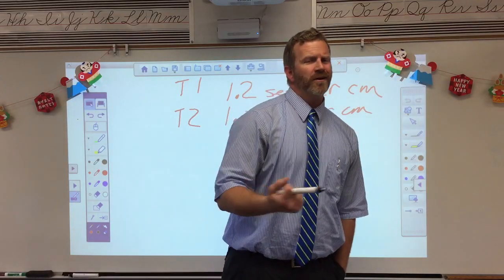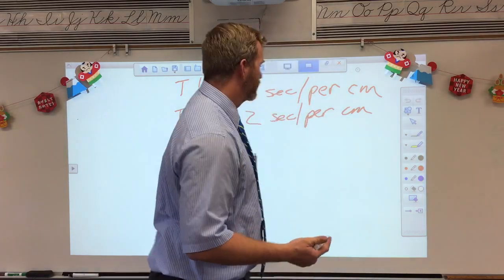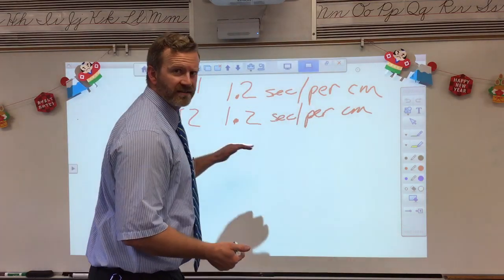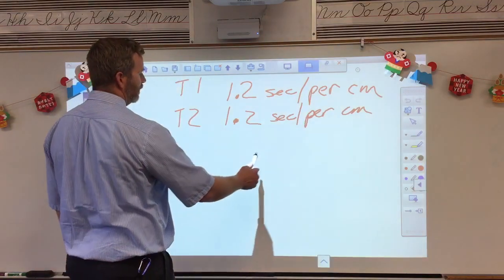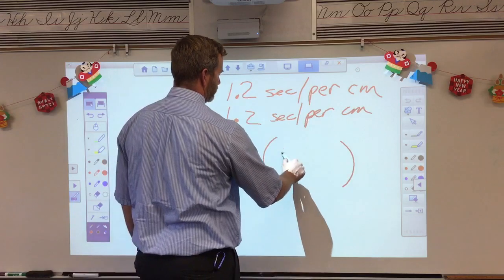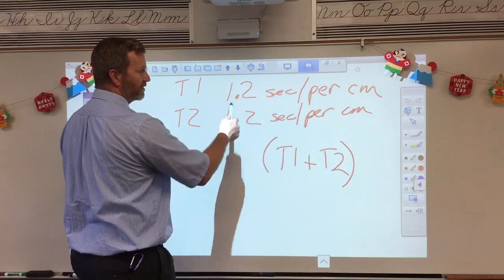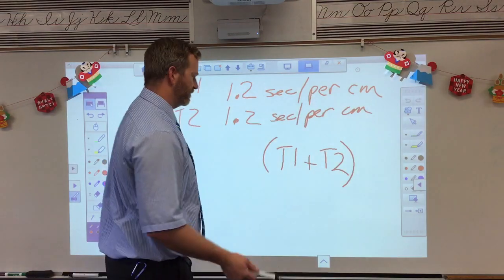Now, they want us to use the distributive property to figure this out. So we have test 1, we have test 2. Now, we're going to take test 1 plus test 2, and we're going to multiply that times 1.2 seconds.